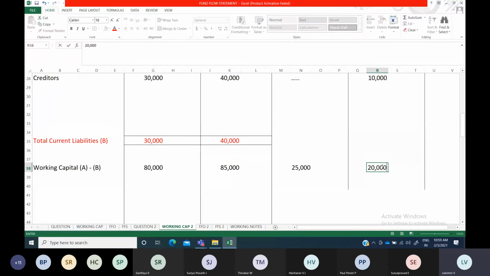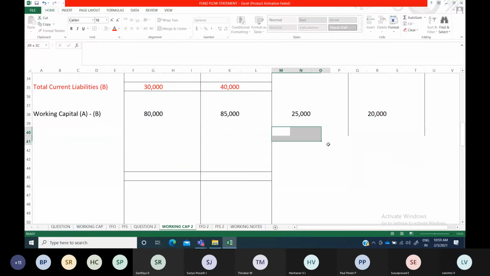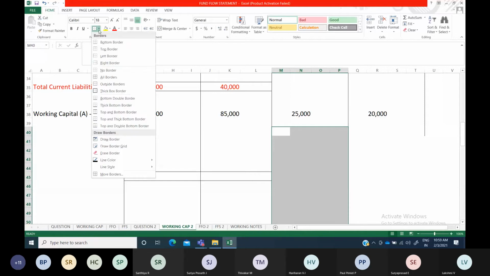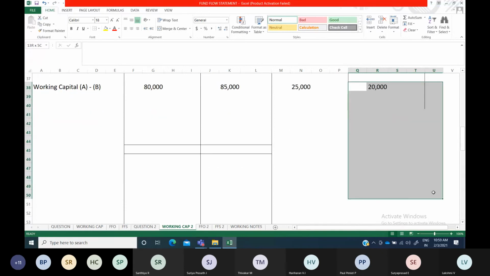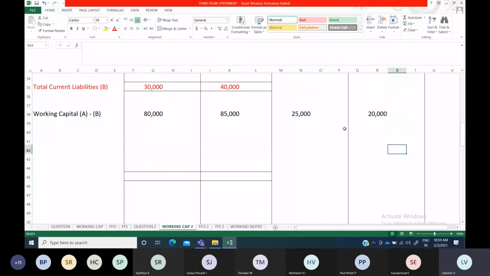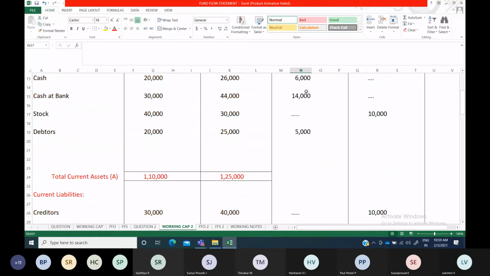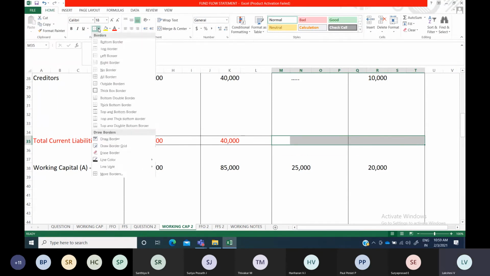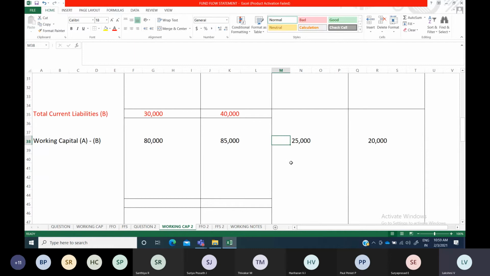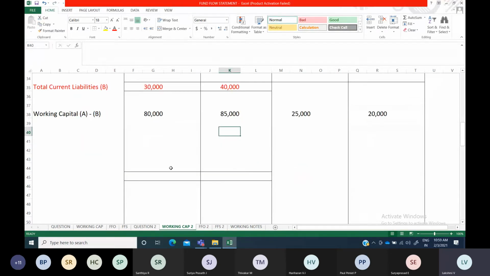So just note down here 20,000. So increase column we are getting 25,000 and decrease column we are getting 20,000.